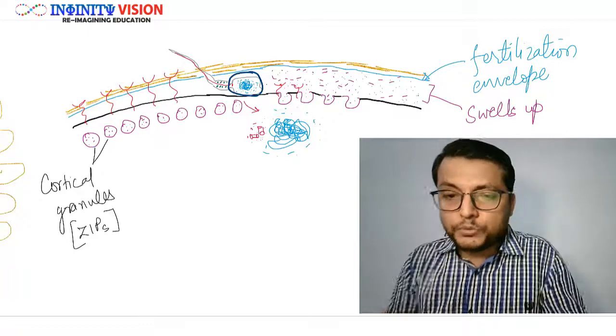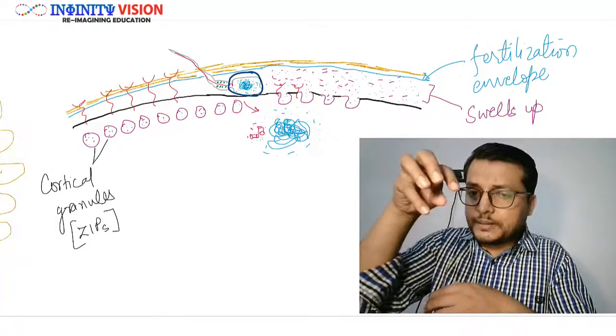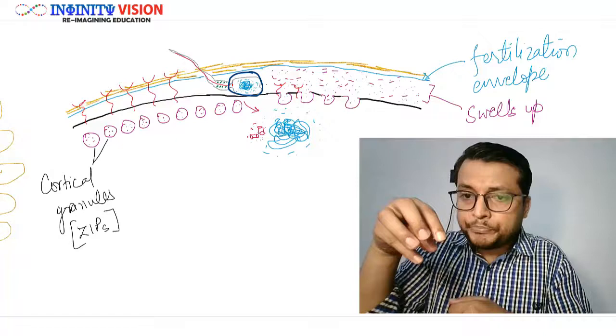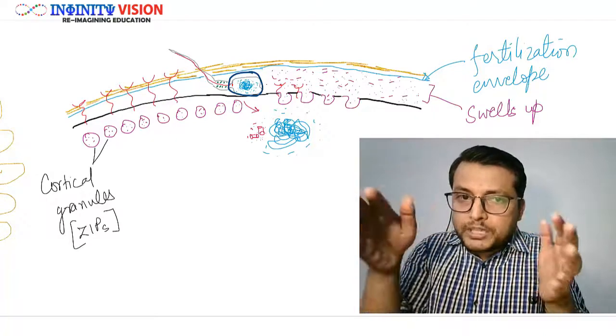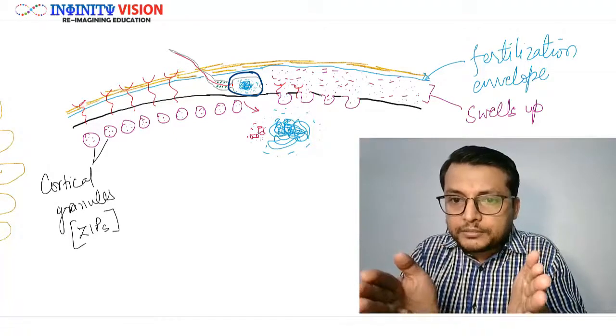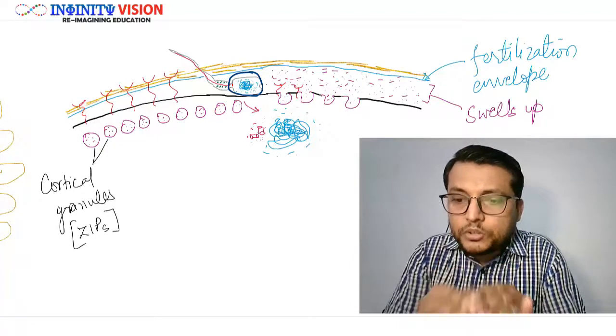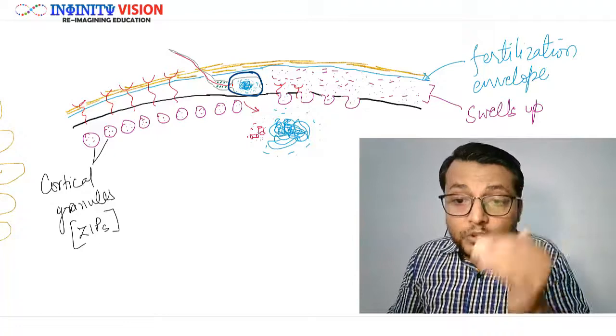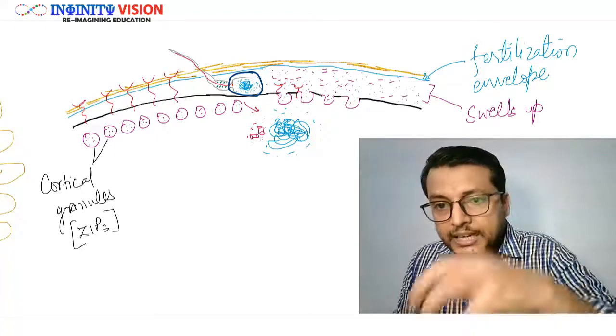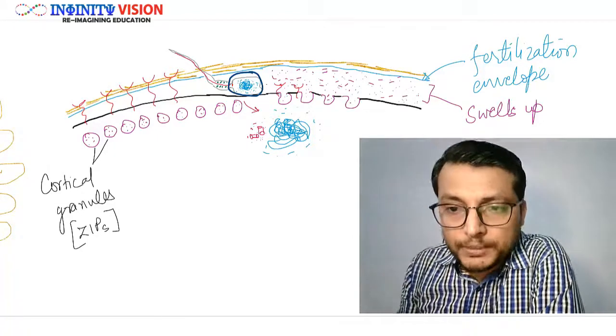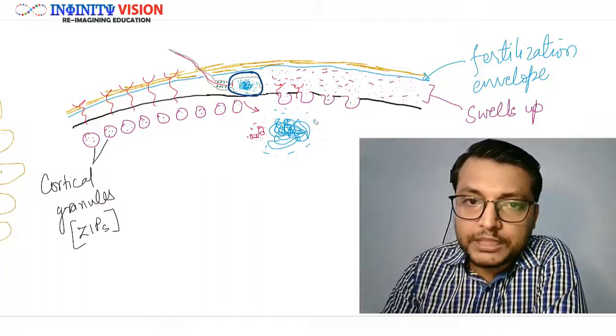It is like a membrane vesicle fusion. So the membrane of the sperm and the secondary oocyte fuse. As a result, the entire content of the head part of the sperm enters into the cytoplasm of the secondary oocyte. Can you see here?